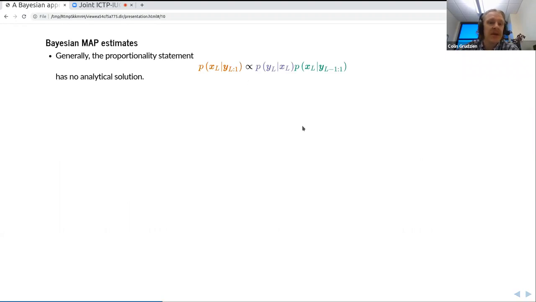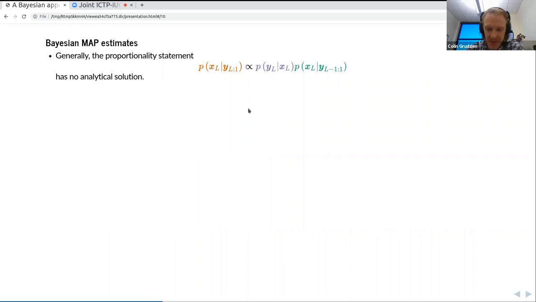Generally, this has no analytical solution, partly because we haven't put very many assumptions on this at all. If you wanted to take a pure Bayesian approach, you could have very arbitrary error distributions, add in modeling errors, and add in parameter estimation.